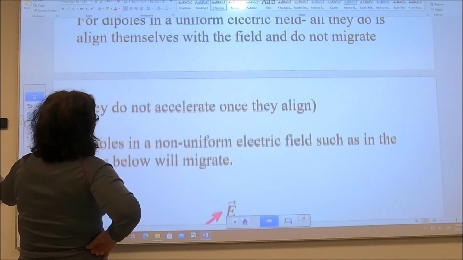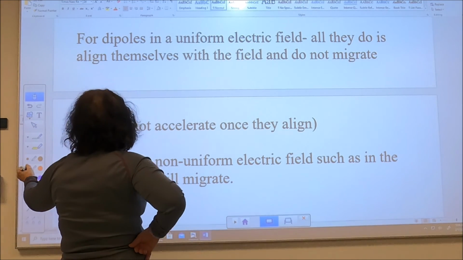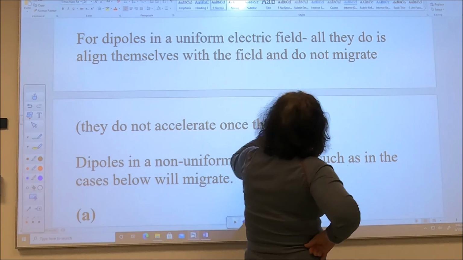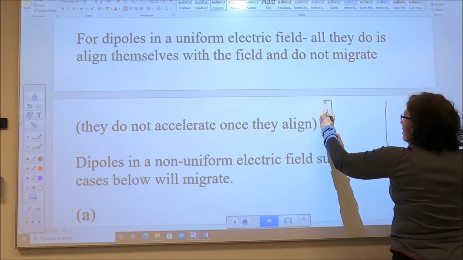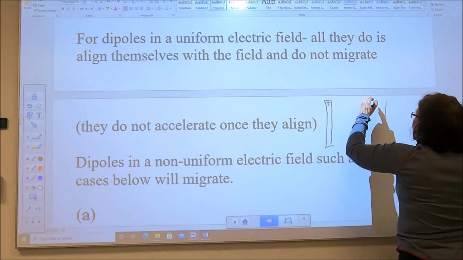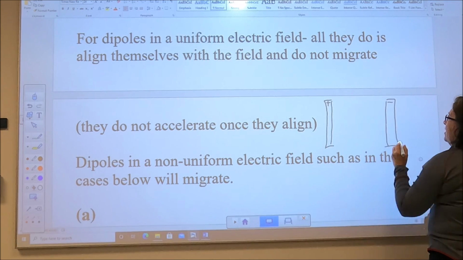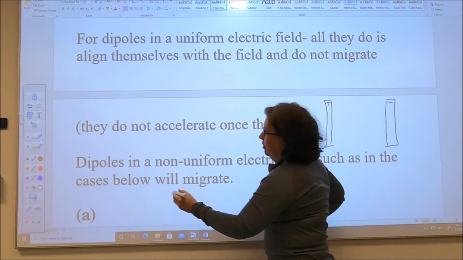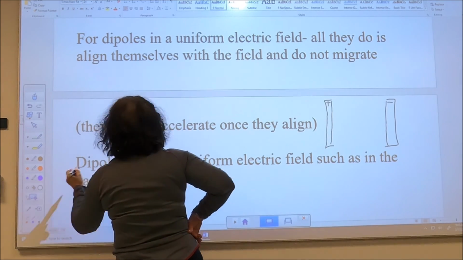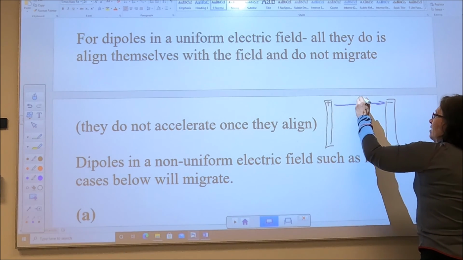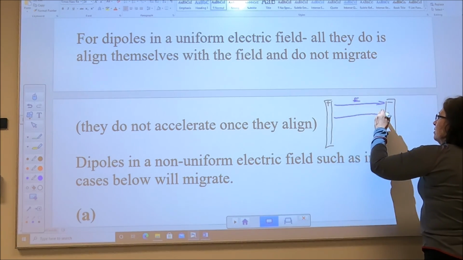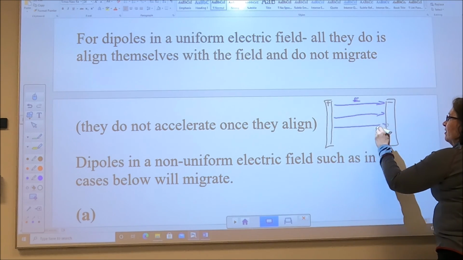So let me draw a picture here. So let's say we have two plates here. This one's a positive plate. This one's a negative plate. So that the electric field vectors in here run like this.